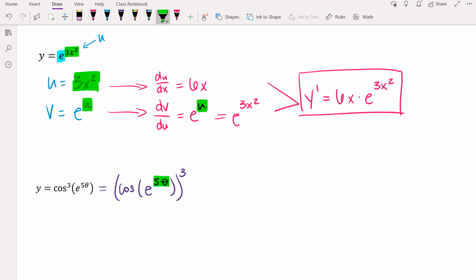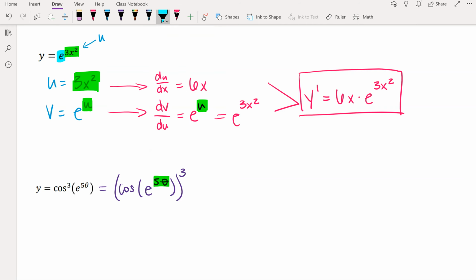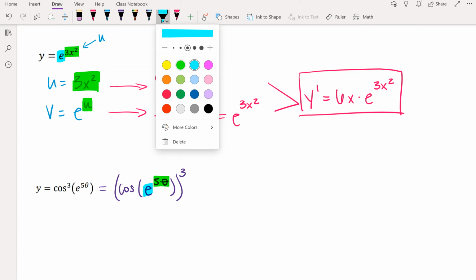Remember, when you have e to a function, the exponent is your most inside. Then we have an outside function on that one, e. But wait, we're not done. We have to work our way out.